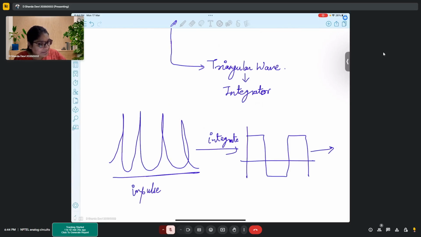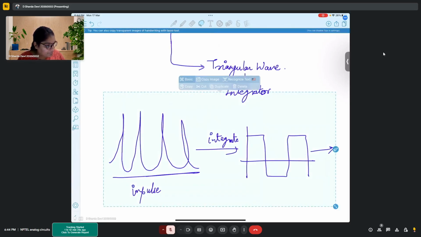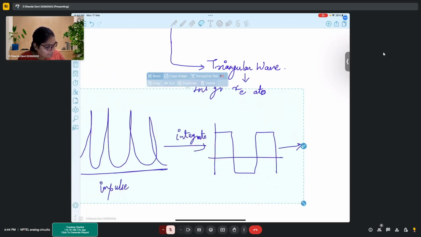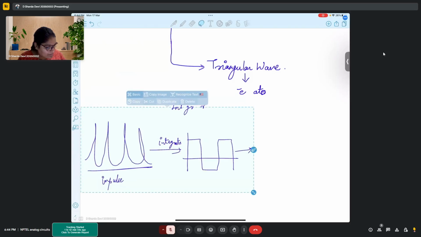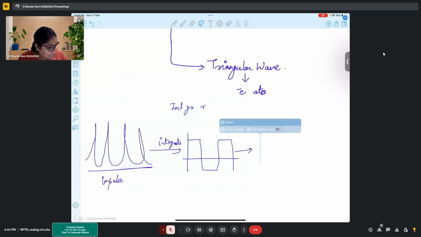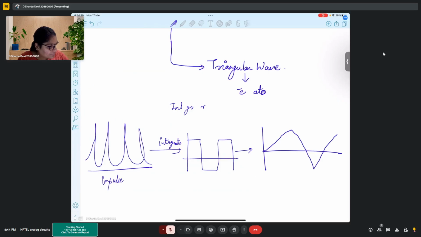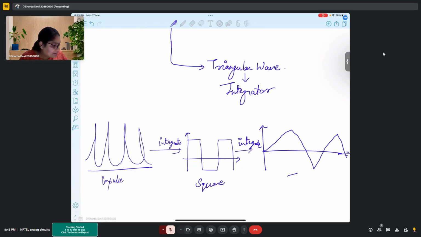And again, if you integrate them, we would get a triangular wave. So here again, if we integrate, we'll get this triangular wave. So this is square and this is triangle.